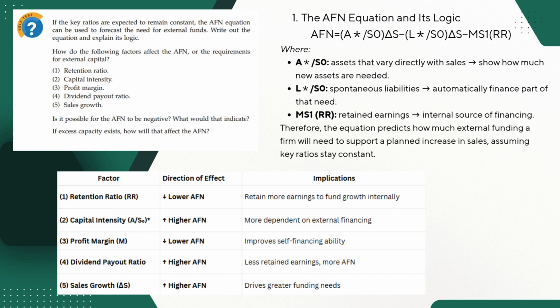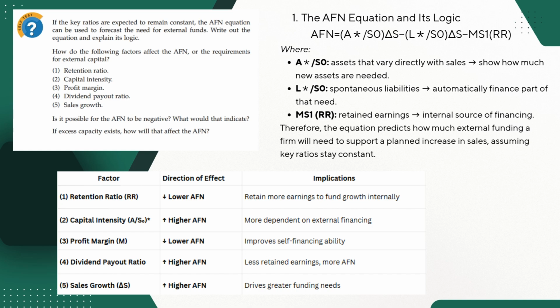Now that we know what each symbol means in the AFN equation, let's interpret how changes in these ratios affect a company's need for external funds. So before that, we have to write first the AFN equation. So AFN is equal to A star over S0 times the change in S minus L star over S0 times the change in S minus profit margin times S1 times the retention ratio.